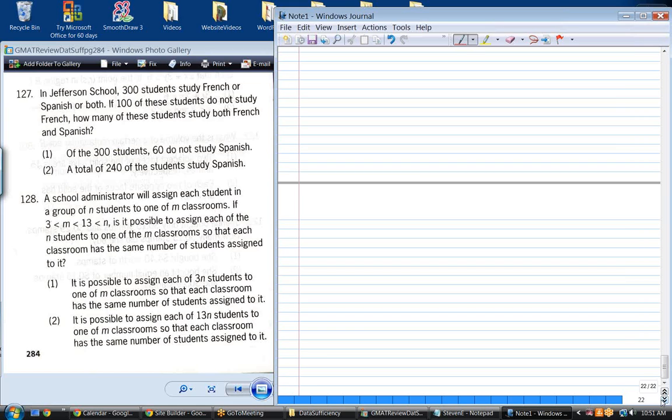We don't have the 4th possibility that they take neither. Everybody takes at least 1. So in this case, we don't need the outside rectangle, since there's only 3 possibilities: French, Spanish, and both. And the total has to be 300.